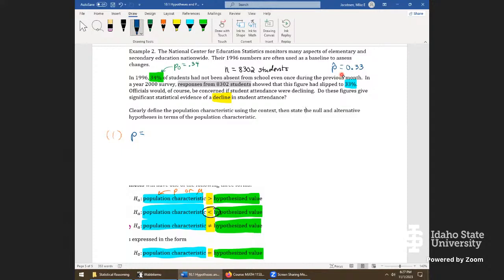So I'll write here, proportion of all students. When we say all students here, we could be even more specific if we wanted to. This is national data. So we can say all students in USA that have not been absent. They said even once.